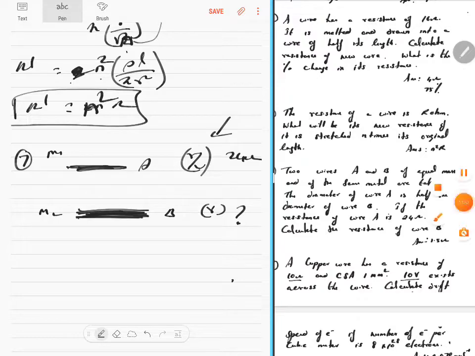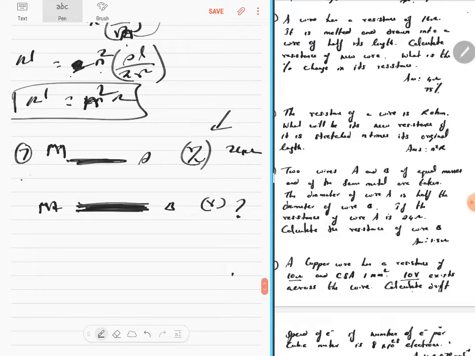The mass of this and mass of this is the same, and you know density is mass by volume. So mass is equal to density into volume. The density of any material is just the same.